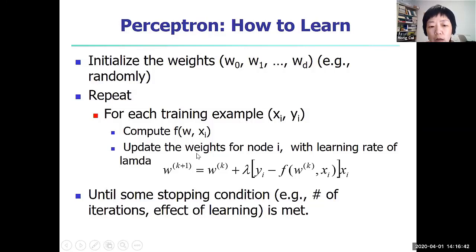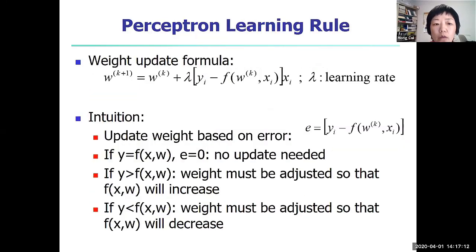So we update the weight, then we read in another example using the new weight, compute the output, and see how this output is different from the given value. We update the weight again until we have completed a certain number of iterations or the performance of the model has reached a certain threshold. And that's when we would stop. I think we already covered this.